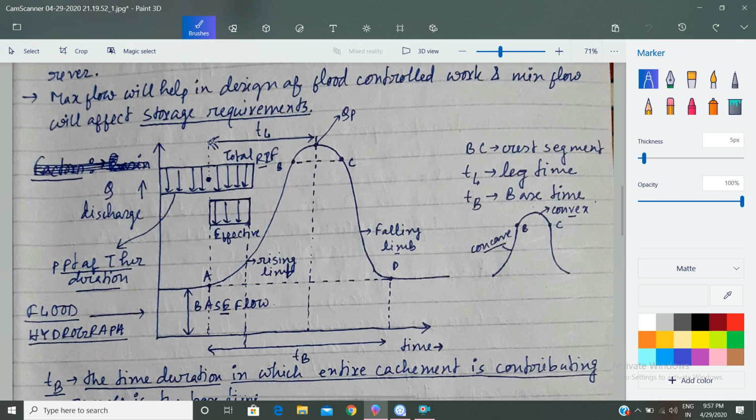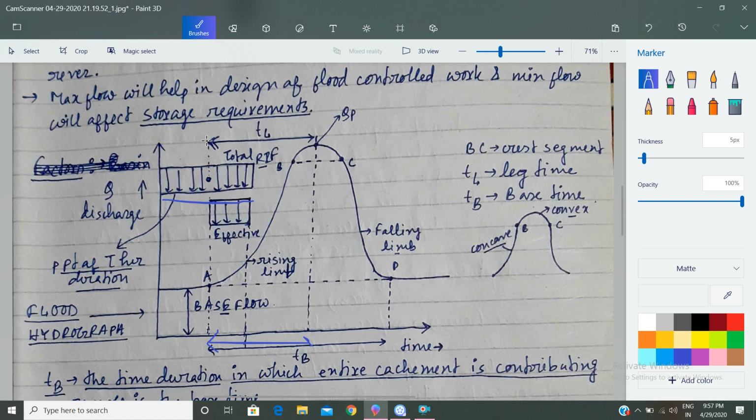Also you have to know that this time means the time from the center of gravity of the precipitation up to the peak discharge. Suppose a 2 hour storm has occurred, 2 hour precipitation, from 8 am to 10 am.